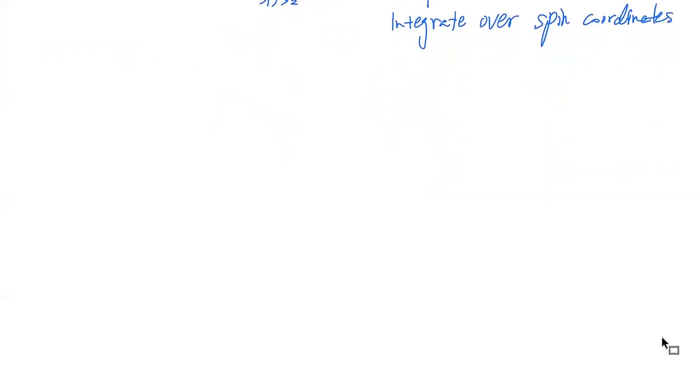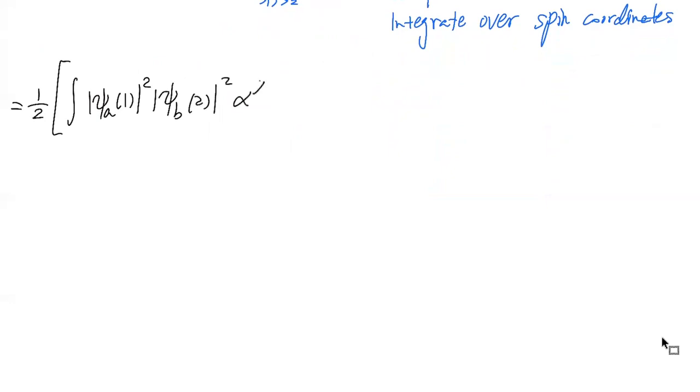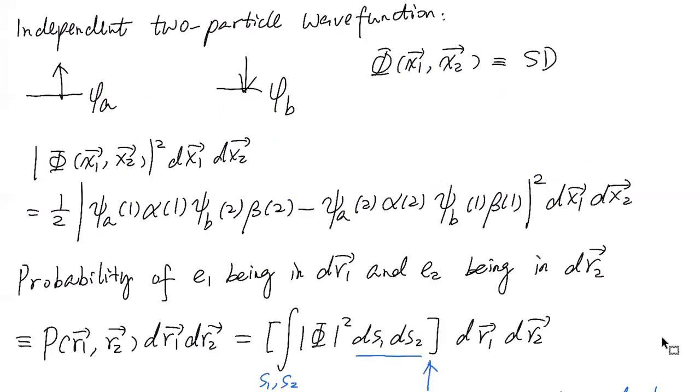Now we need to do a little bit of algebra. This is 1 over 2 times the integral of psi B(2) squared alpha star(1)... Now, you have the magnitude squared here, and this is equal to phi star times phi. Keep in mind, this is phi star times phi, okay?